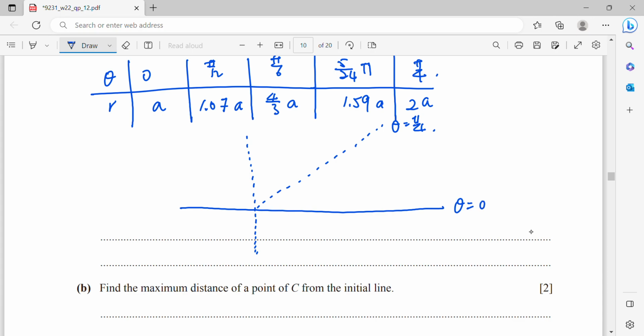Okay, so now I will get pi over 6. Let's say pi over 6. Okay, then I found pi over 12, which is half of pi over 6.